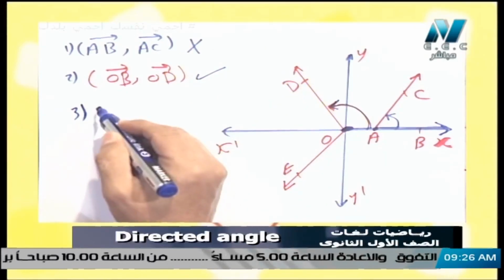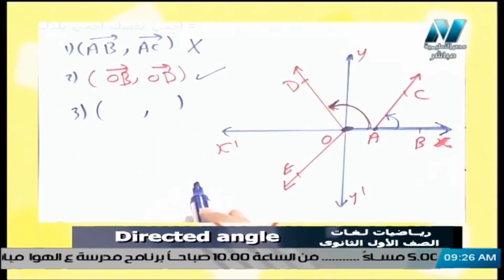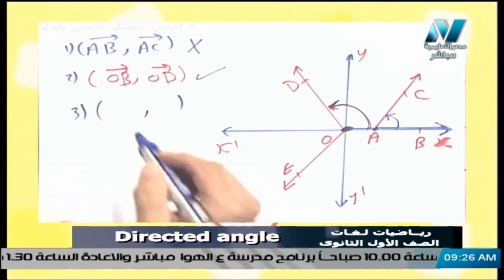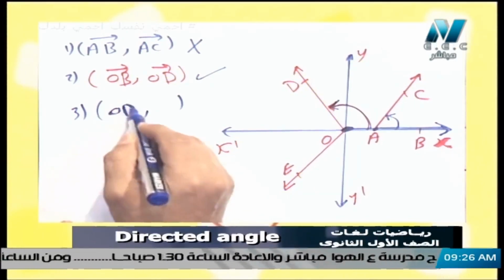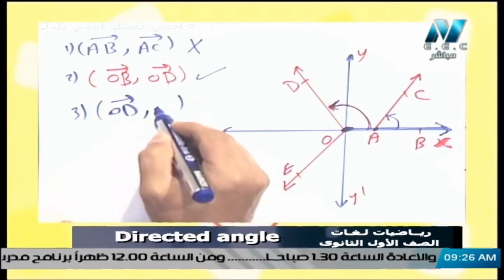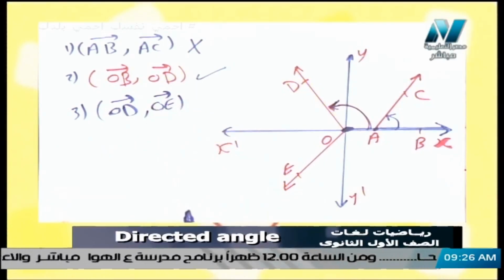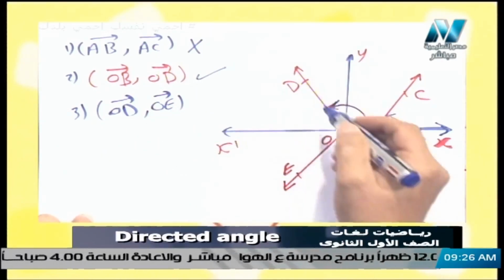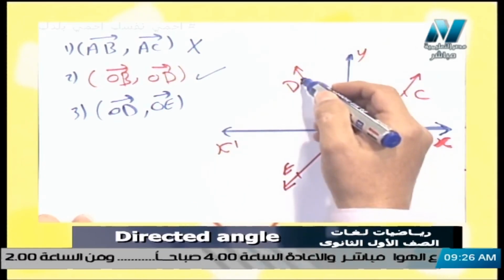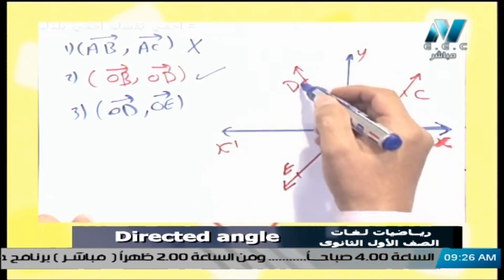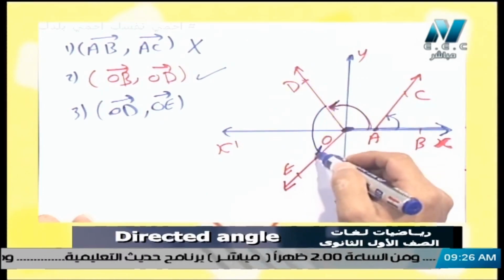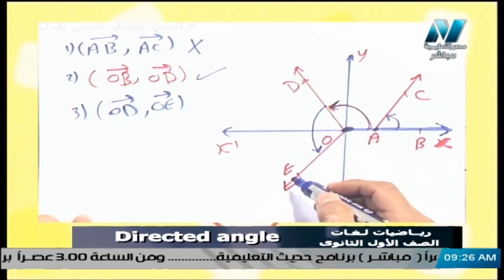Let's move to another ordered pair here, OD and OE. OD here is the starting or initial side, and OE is the terminal side.